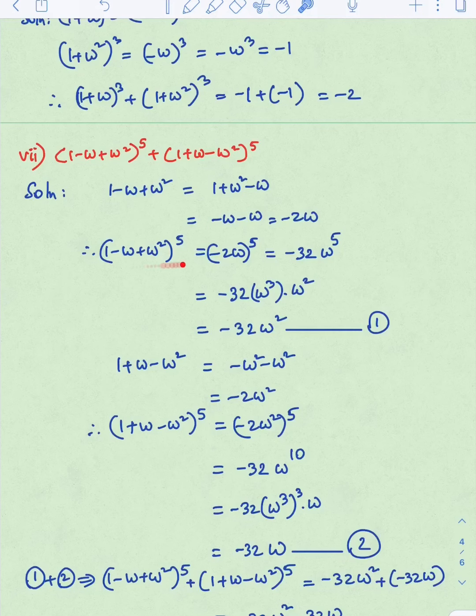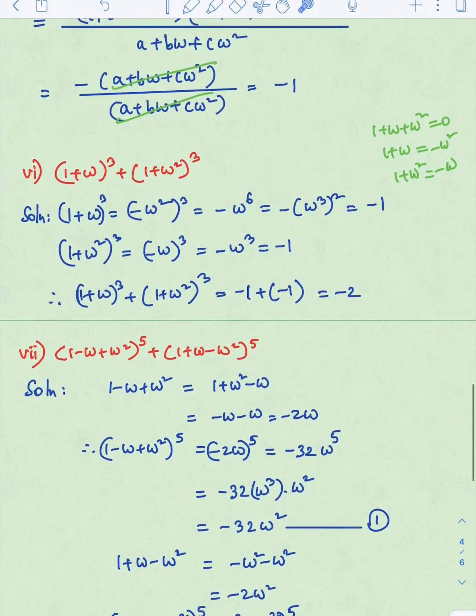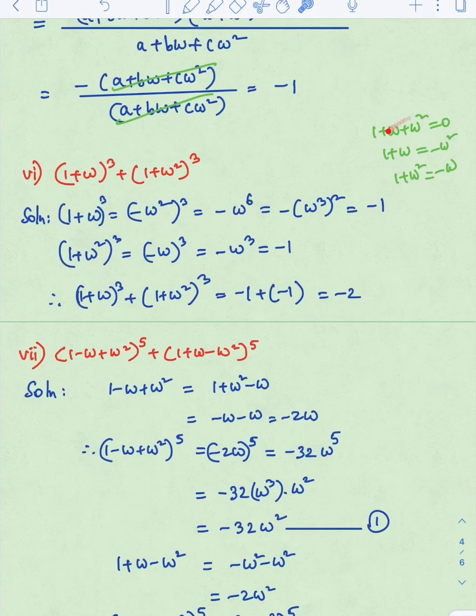In the given question, first equation, second equation, when you add, you get the result. This one plus this one is equal to this one plus this one. And here minus 32 omega square minus 32 omega. Next step what happened? Minus 32 is common. Then what? Omega square plus omega, because minus common. Omega square plus omega is how much?